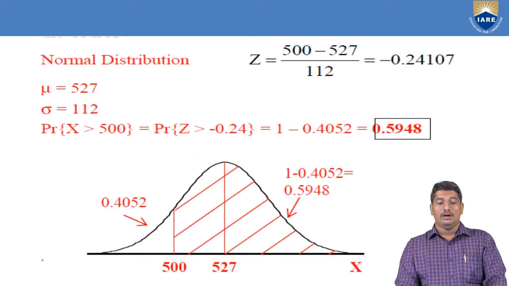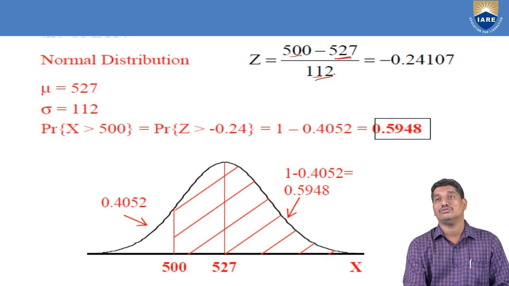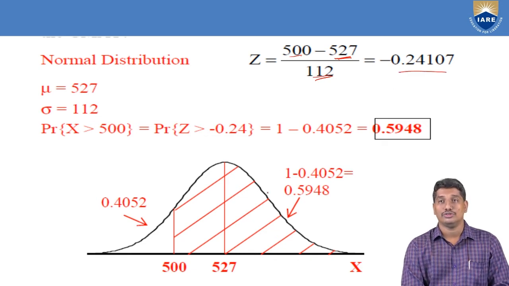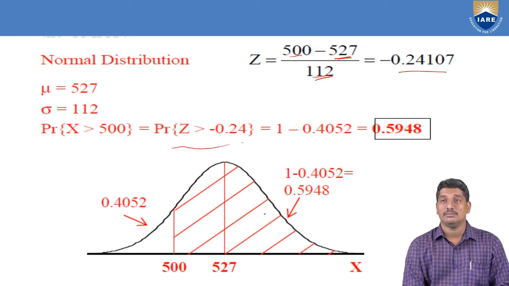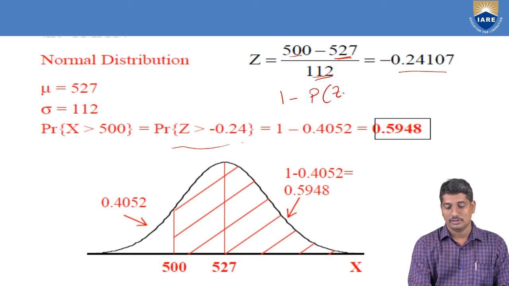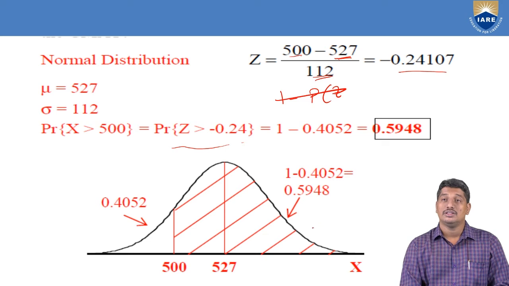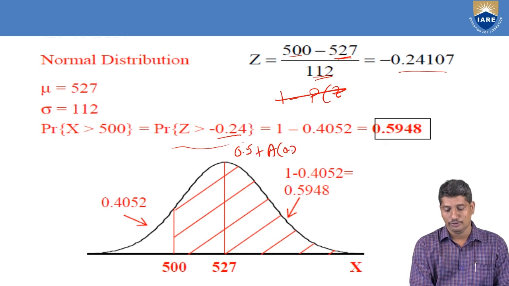For that, we are transforming from x scale to z scale, (x minus mu) by sigma, 500 minus 527 by 112, that is minus 0.24. So this is nothing but probability of z greater than minus 0.24, which can be written as half plus area of 0.24, since it is negative.